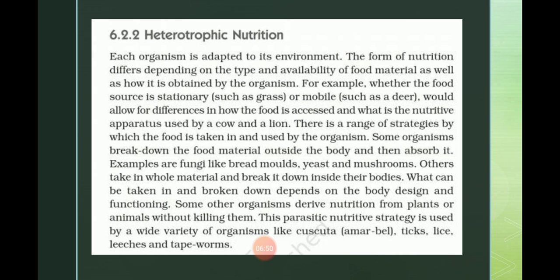The heterotrophic mode of nutrition is basically subdivided into three major forms. The first of them is the saprotrophic mode of nutrition, which is also known as the saprophytic mode of nutrition.